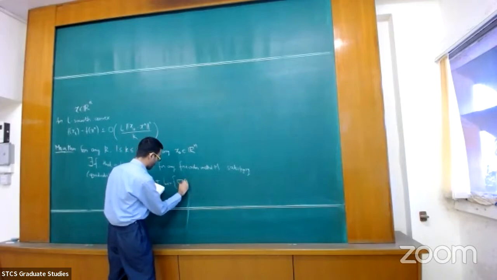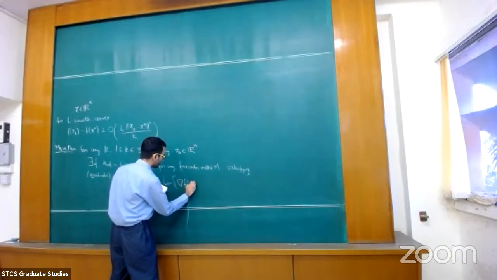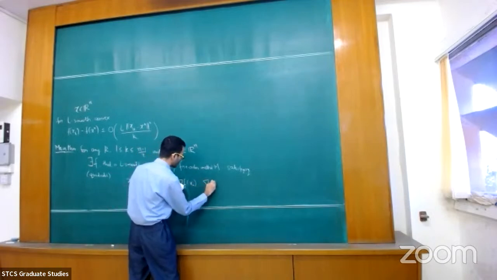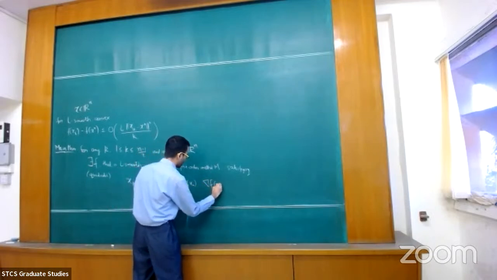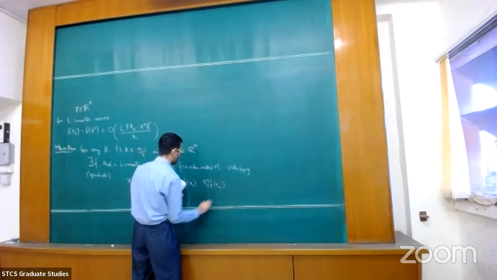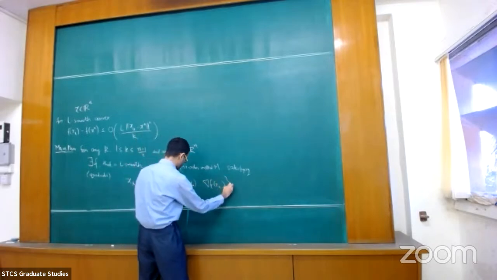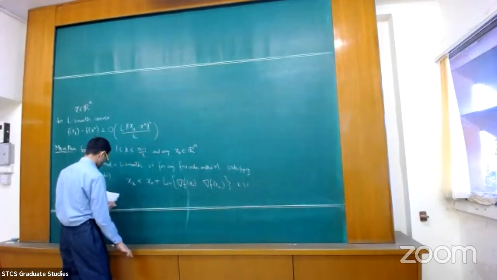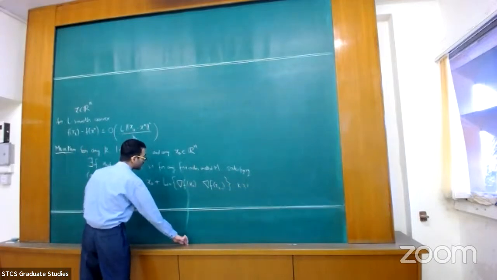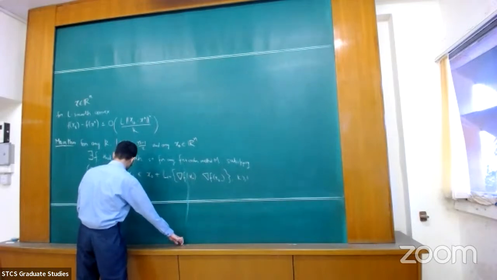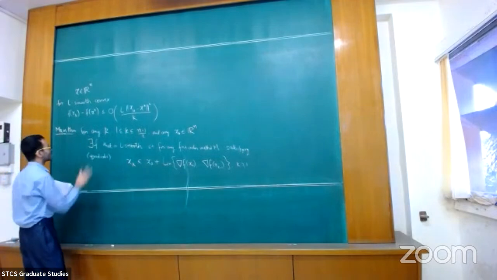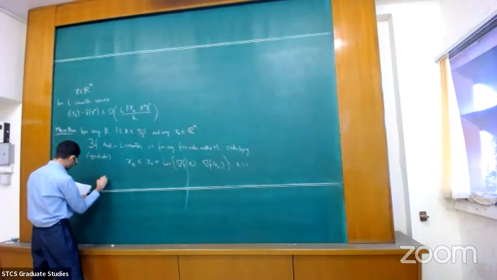So it should be only linear combinations. Okay, that's fine, as long as it's only this linear combination. We have something which looks like this, not exactly, but something of this type.